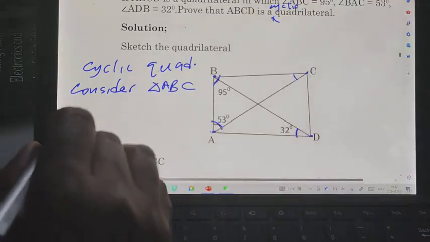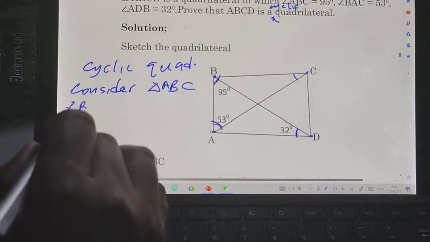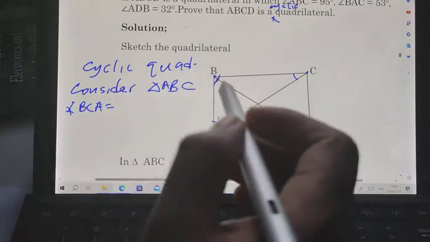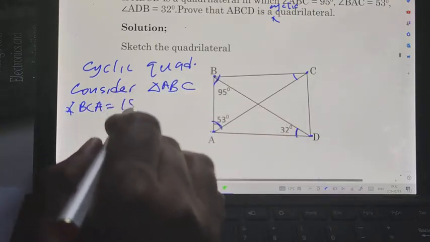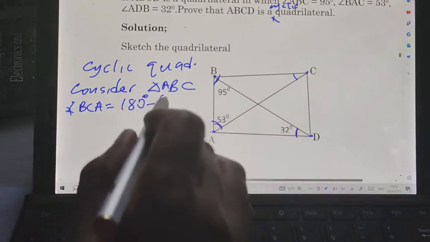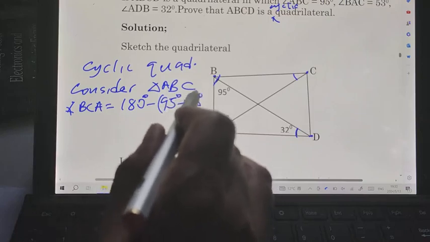Let's find angle BCA. Angle BCA is 180 degrees minus, in bracket, 95 degrees plus 53 degrees.